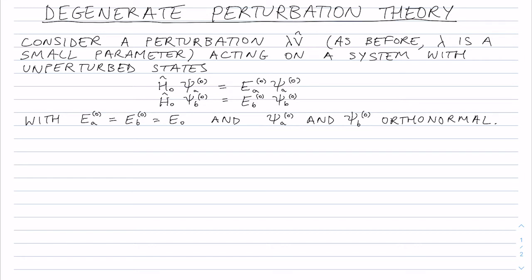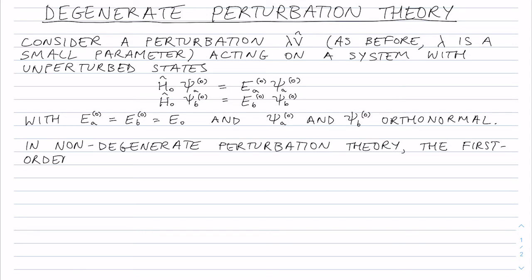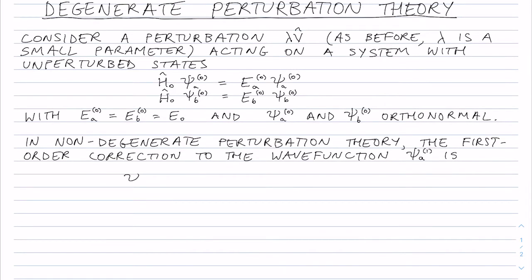So let's have a think about what happens in non-degenerate perturbation theory. We take one of the wave functions, and see how it's changed by the addition of this perturbation. If we use the technique that we learned earlier, which is normal perturbation theory, then the first order correction to the wave function, psi A1, can be written as follows.